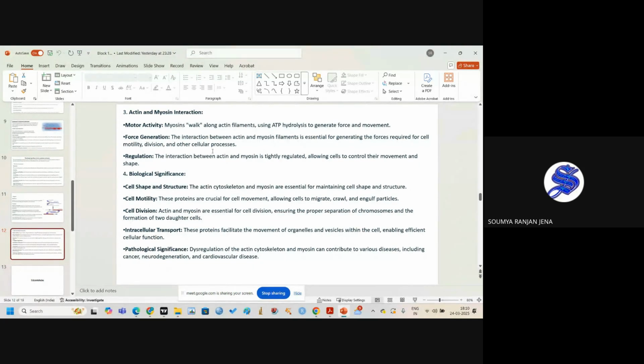These two proteins are most important for cell movement, cell migration, crawling, or engulfing different particles. For any type of cellular function, involvement of this actin and myosin interaction is required.